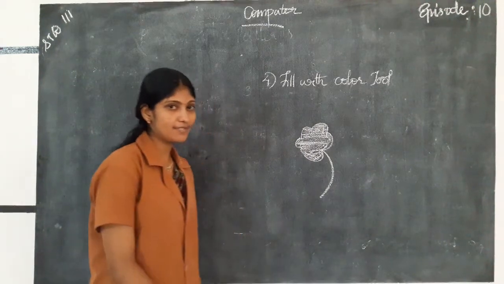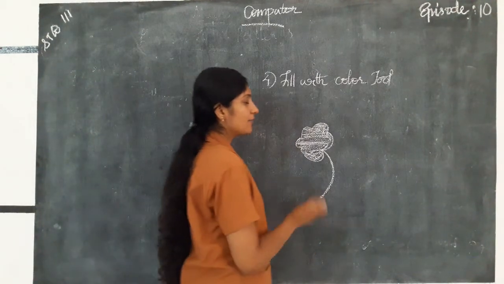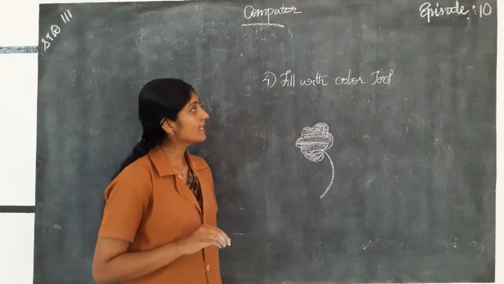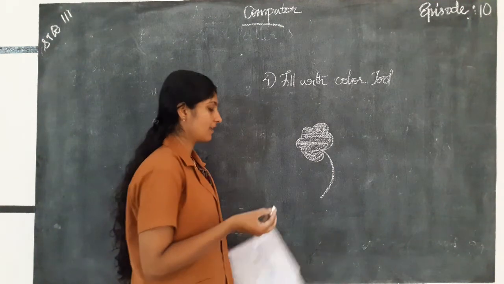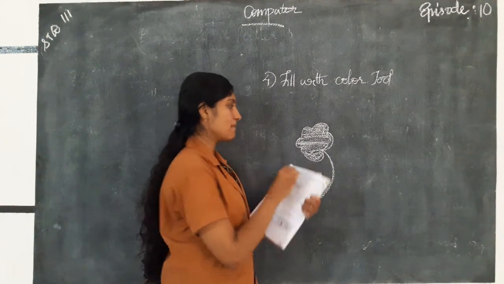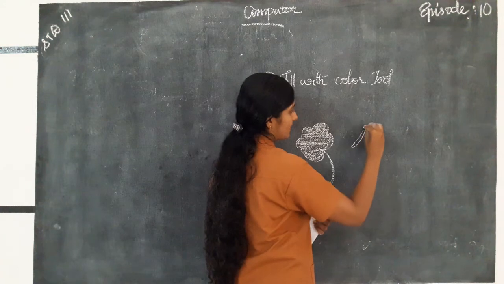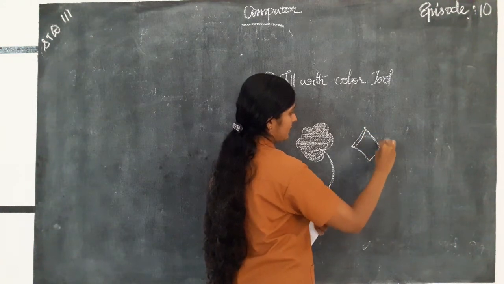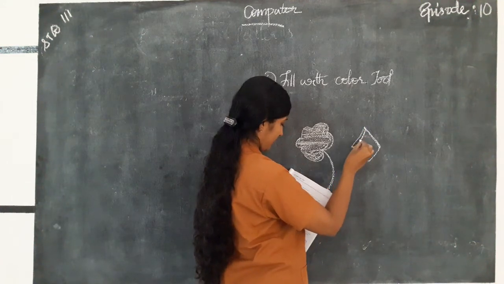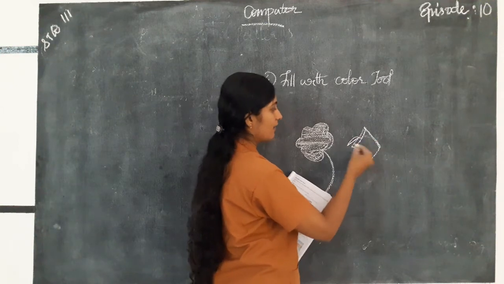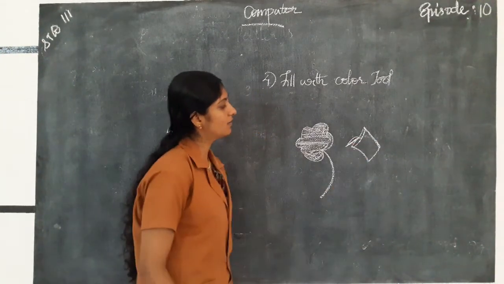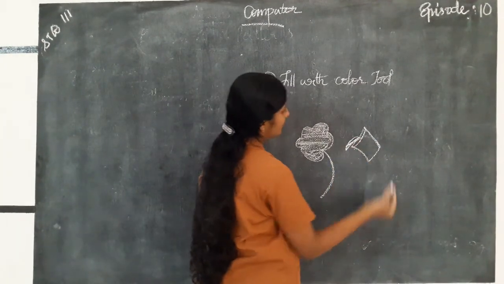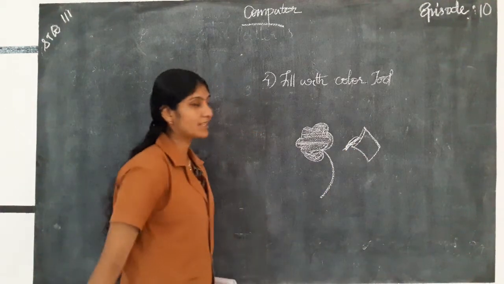So there are some steps, and before that let's see what that tool is. It looks like a bucket. So this is fill color tool. This is fill with the color tool.